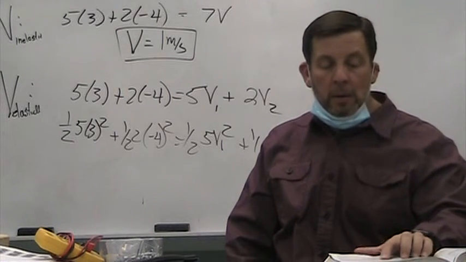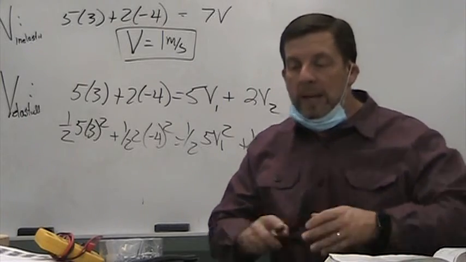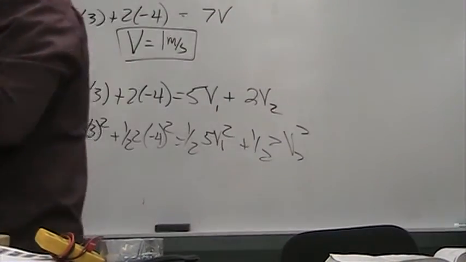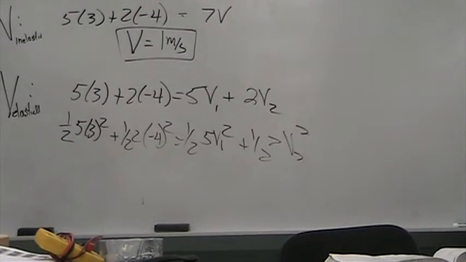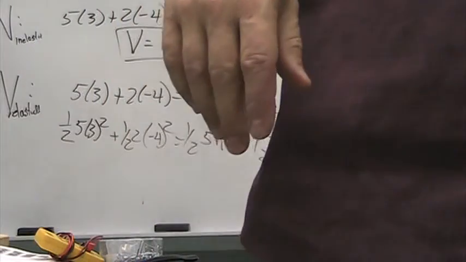Everybody with me? Now, here's what I'm going to do. For homework, I want the handout. I did post it on your Google Classroom, but you get the hard copy. There should be room for you to solve. Take one and pass it.